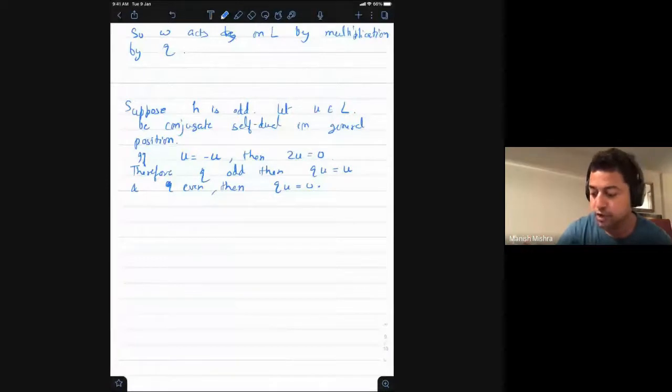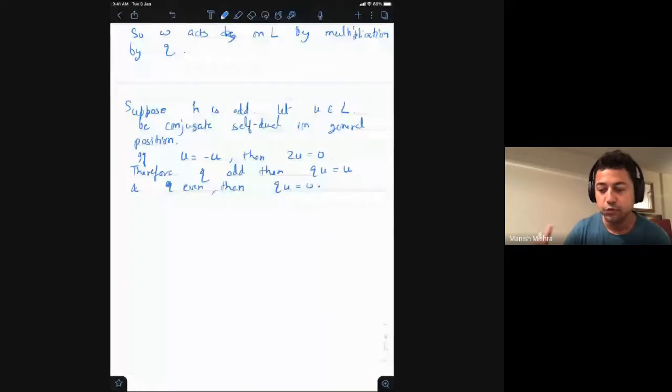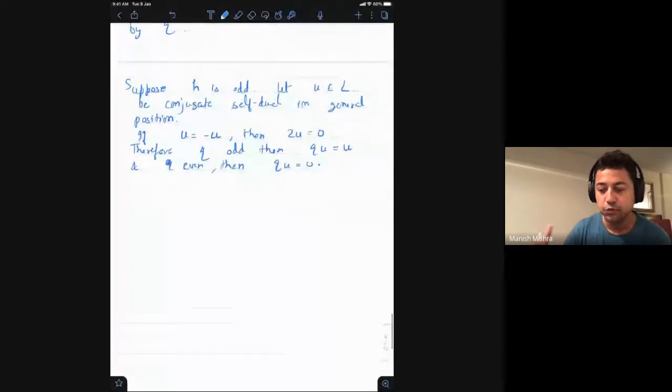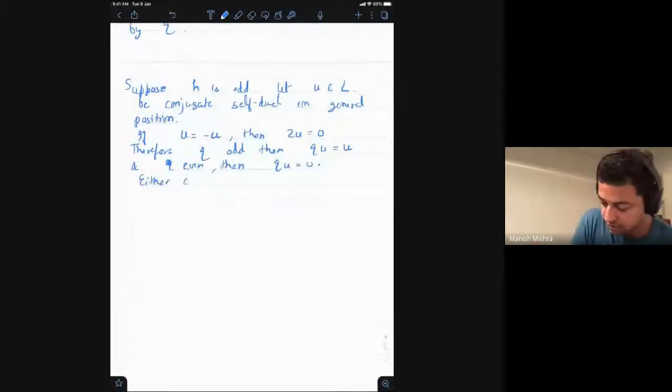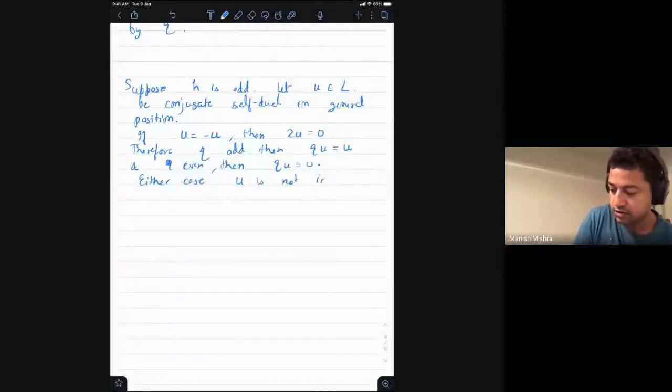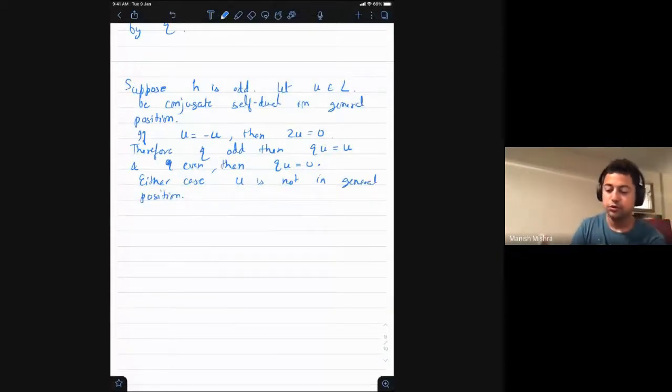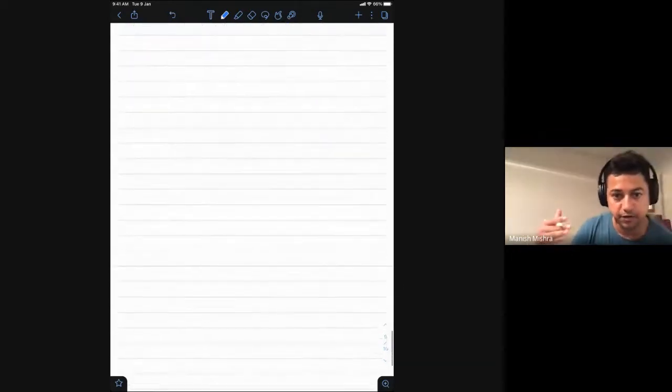If you square q, u will also be 0. So in either case, u is not in general position. So if u is equal to negative u, then it cannot be in general position. So we can now assume that u is not equal to negative u.